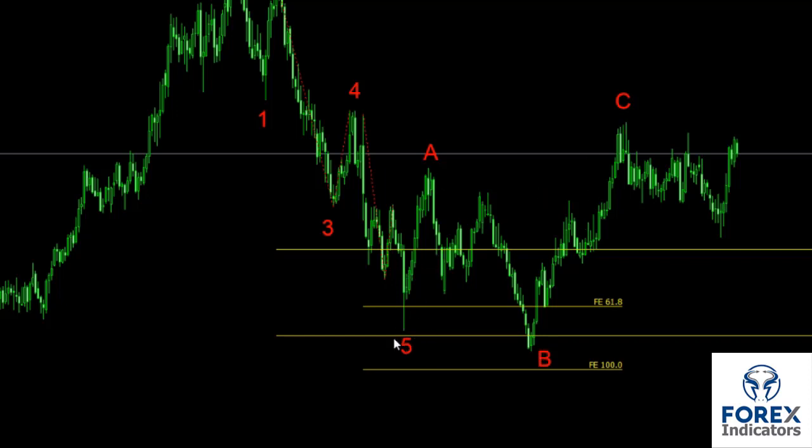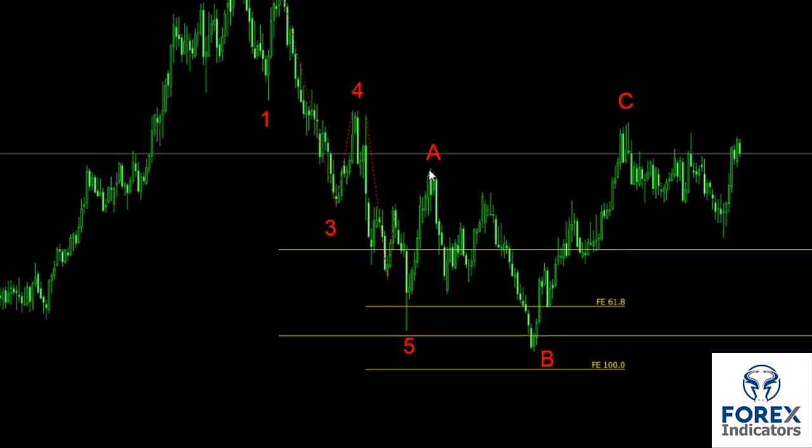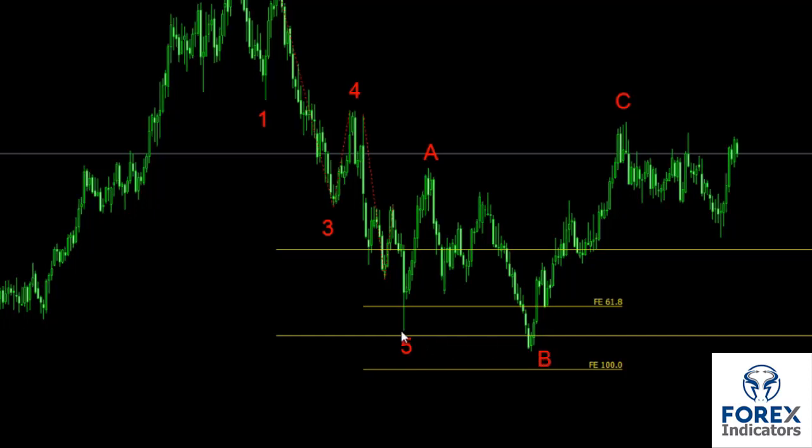Remember our theory, we said wave A goes up, then wave B goes below A, and then 5 waves up for wave C that has to come above wave A. That's the exact definition of an expanded flat, guys. Wave A, B going below wave A, and C coming up in 5 waves above wave A. These are the 5 waves, guys. This is wave 1, 2, 3, 4, and 5.